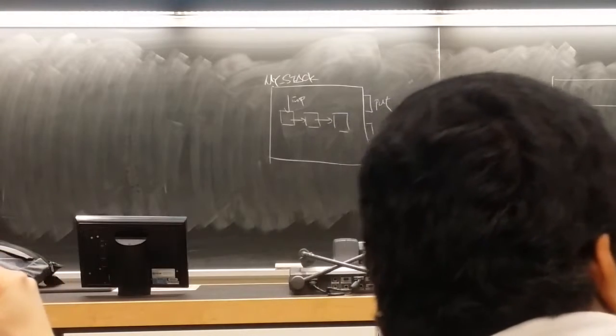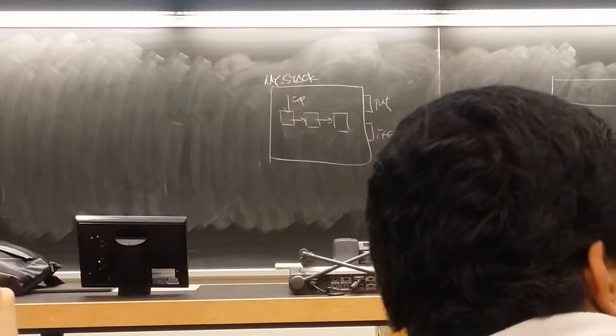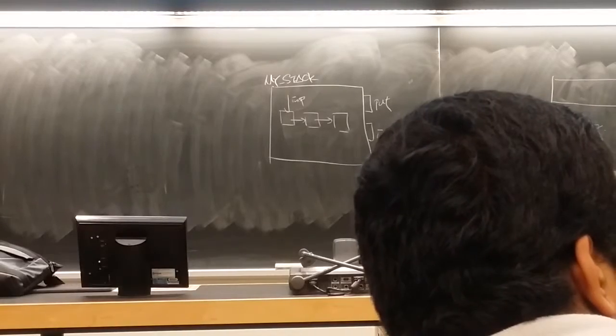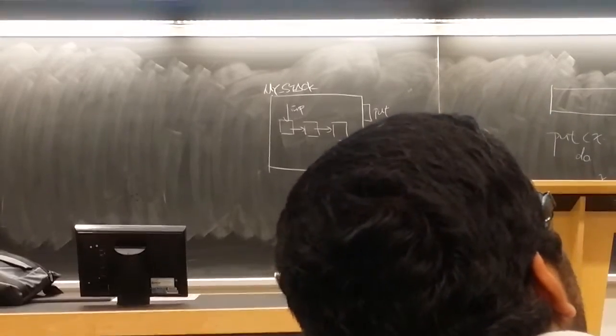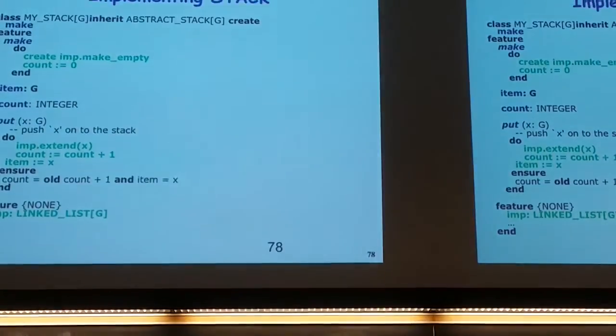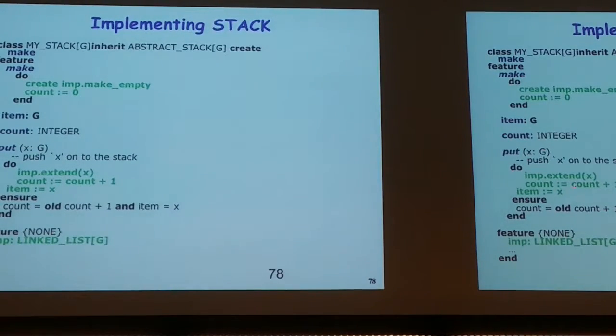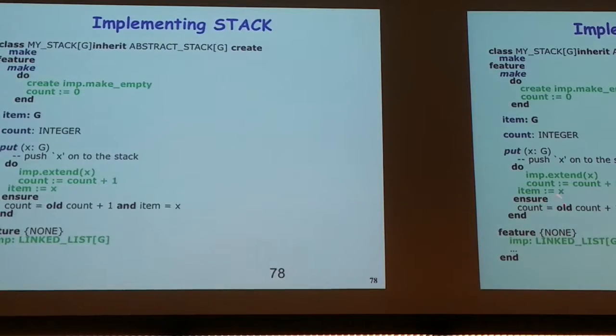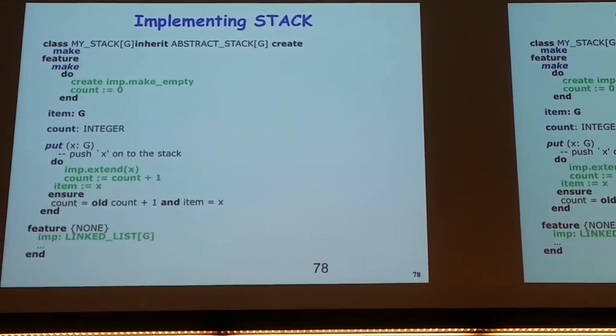So here we'd say the implementation that we're using should be, the list should be extended with one element to the end. That's how we implement the last-in feature, right? And then we increment the counter for the stack, and then the top should be set to X. So this is actually supplier's code.